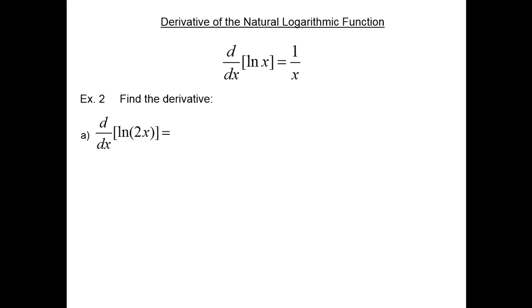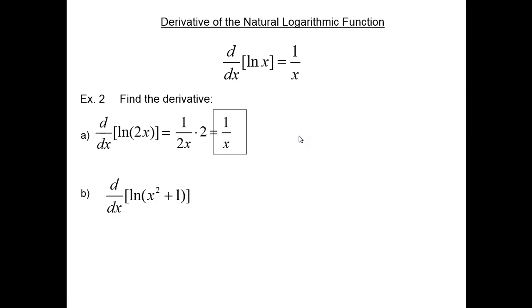But if you didn't think to expand it, think of this like a chain rule, where 2x is the inner function, natural log is the outer function. We're going to write this as 1 over, so derivative of the outer, evaluated at the inner, so 1 over 2x times the derivative of the inner, which is just 2. So those 2's cancel, and we're just left with 1 over x.